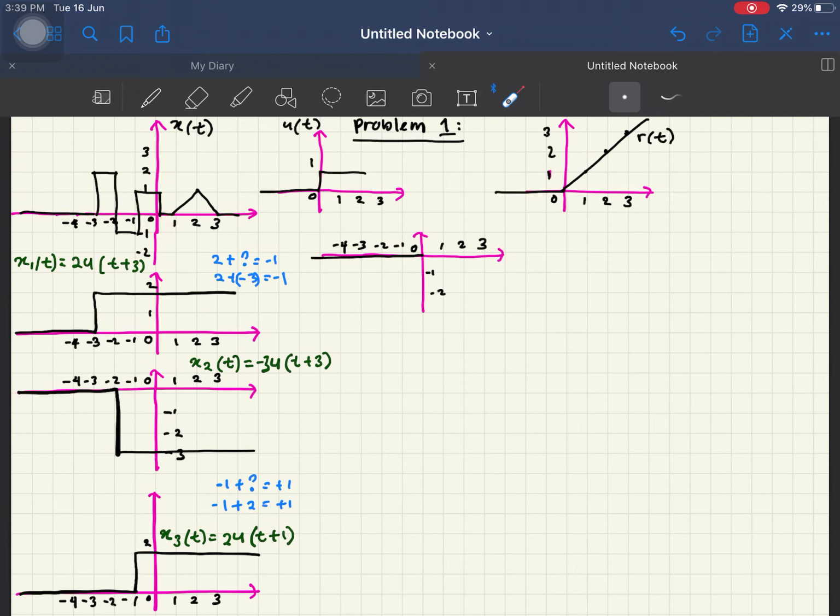Okay, so in order for positive 1 minus 1 to give you 0, right? It means here at t equals 0, the amplitude is minus 1.